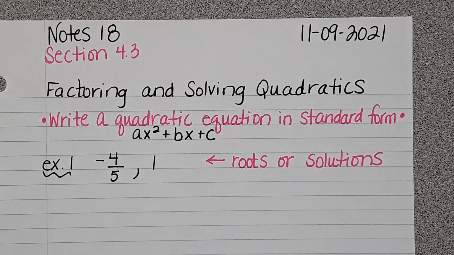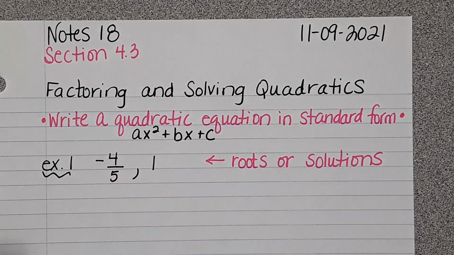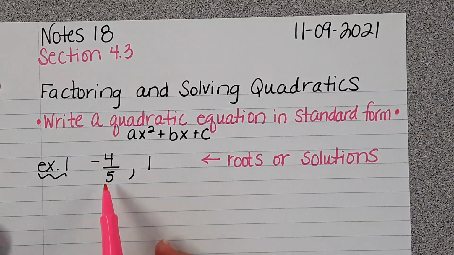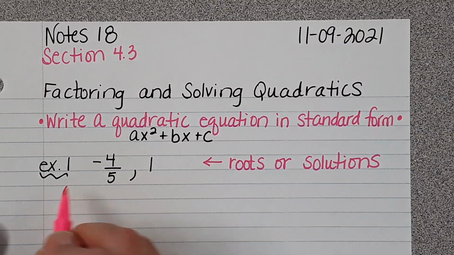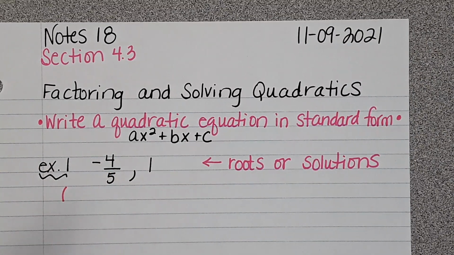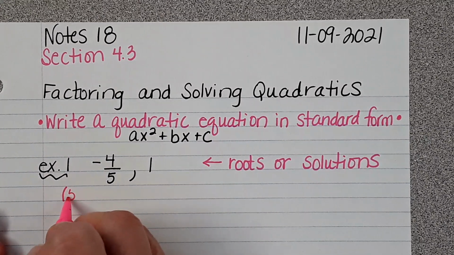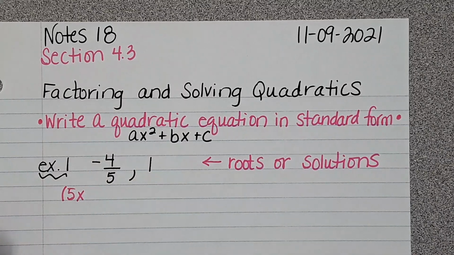So just like the problem we did on the board, -4/5, that's 5/4. The denominator, we're going to have two parentheses because we have two answers. The denominator is going to go in front of the x. That's what you guys told me over here when we did this problem. You said, oh, the denominator goes in front of the x. You guys, it's not that that's a negative or that number is a negative.